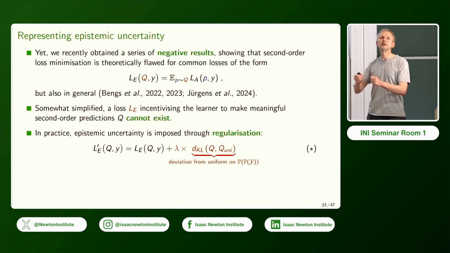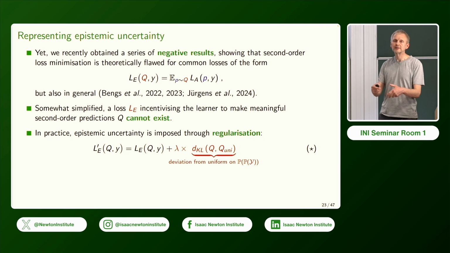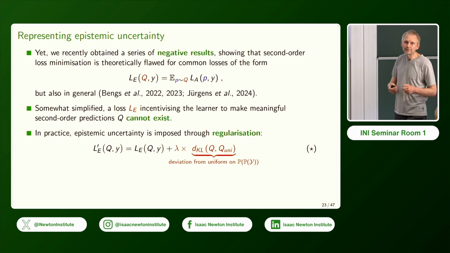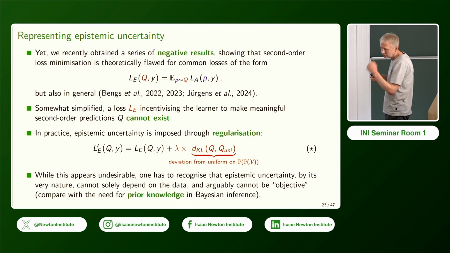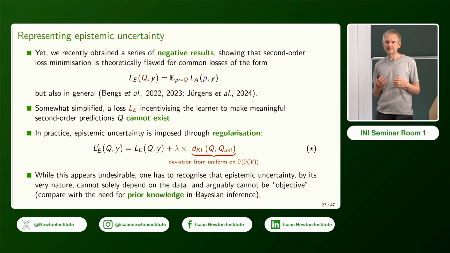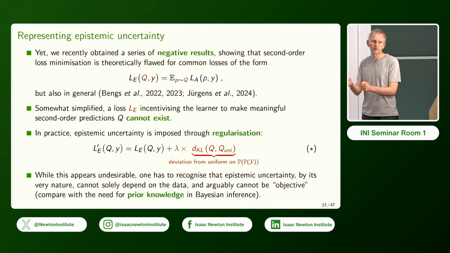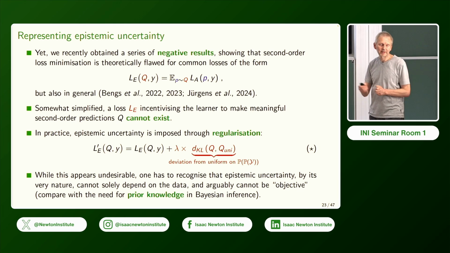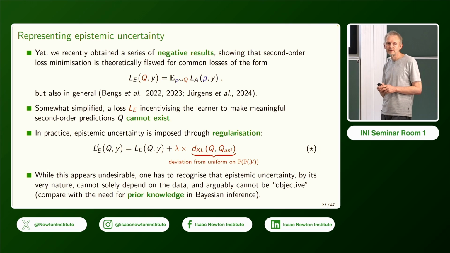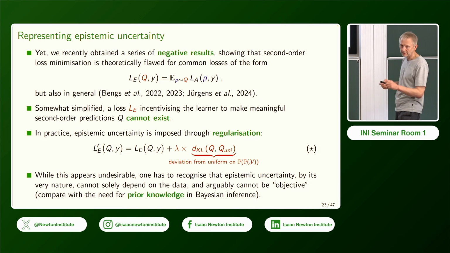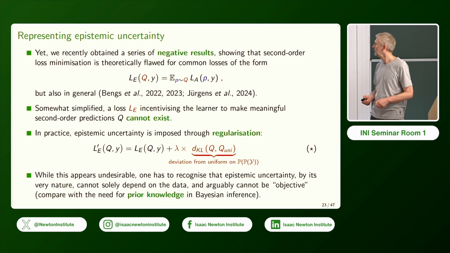And the higher the lambda, the higher the incentive to report epistemic uncertainty. This is, of course, not really what we want, because it basically means that you externally control the level of epistemic uncertainty predicted by your learner. By playing with lambda, you externally control it.